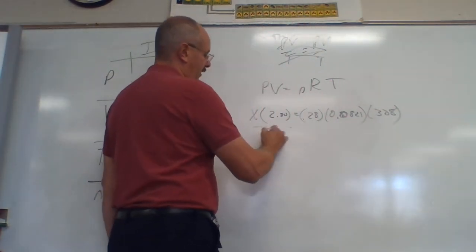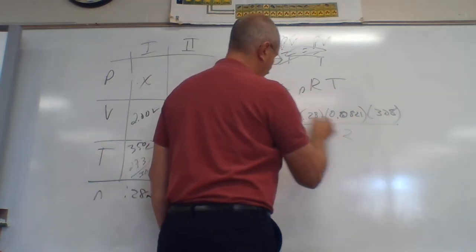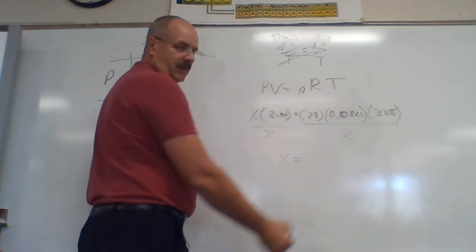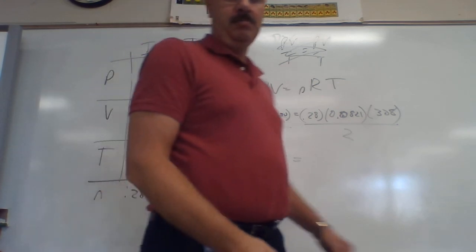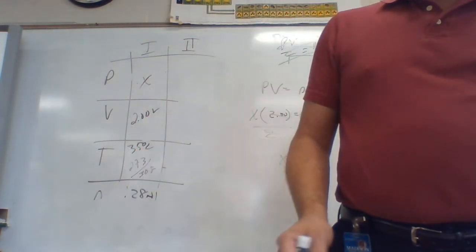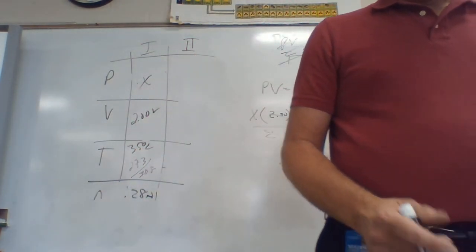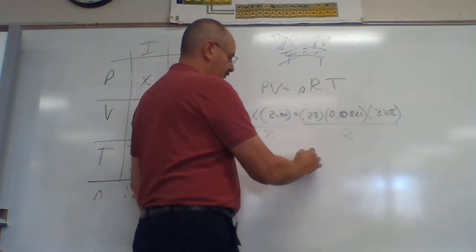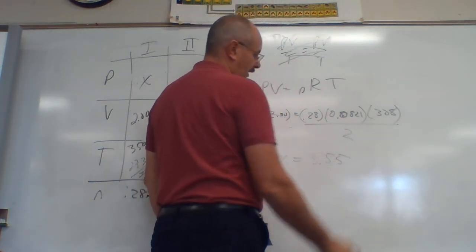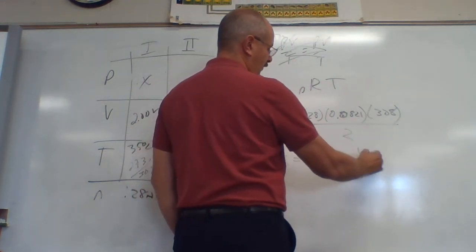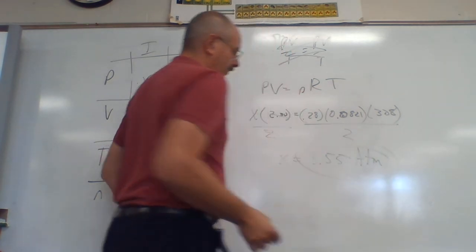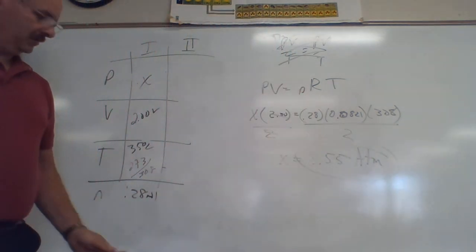All right, so I can divide this all by 2. That gets rid of that. And X ends up equaling something like, let's see, whoops, I've got to flip it over so I don't have to do the math, but 3.55. And that was a unit of pressure. It happens to be atmospheres in this case. So you've got 3.55 as your answer for that one.